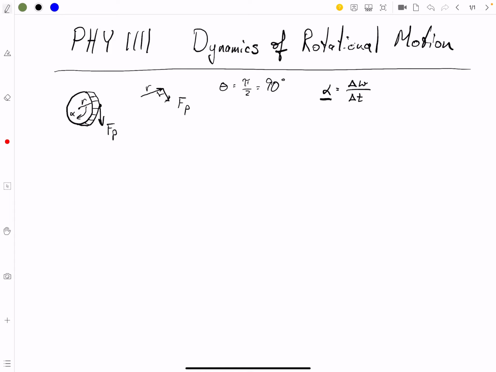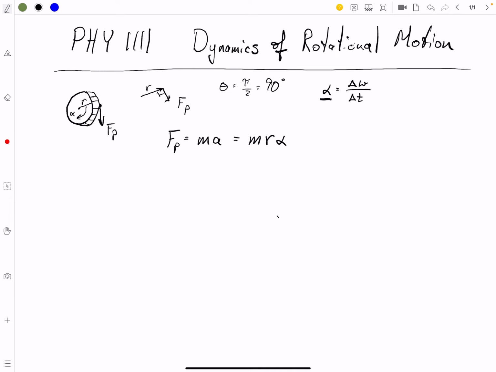So how do we find alpha? Well, first, the force of the person is equal to our mass times our acceleration, and that equals our mass times our radius times alpha.